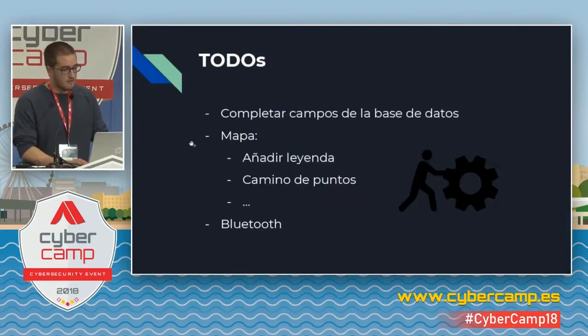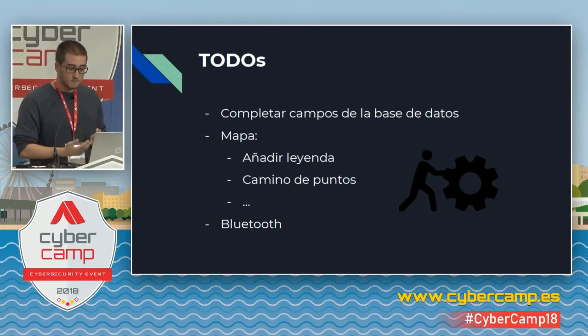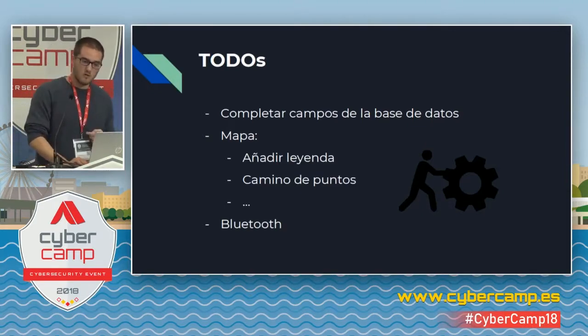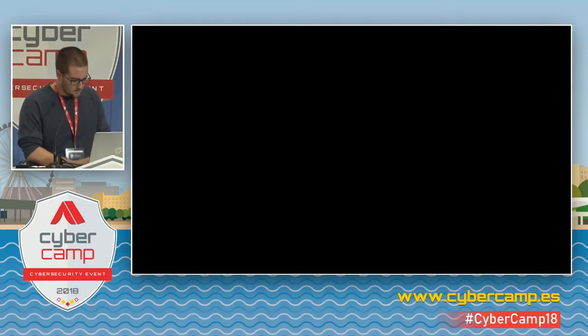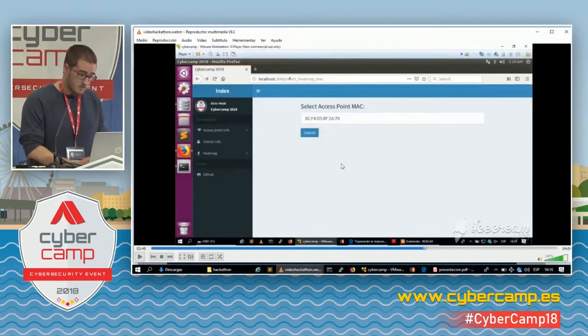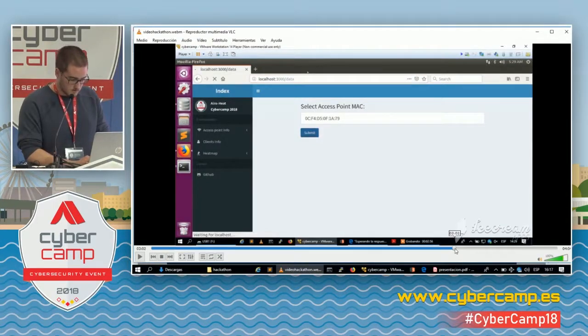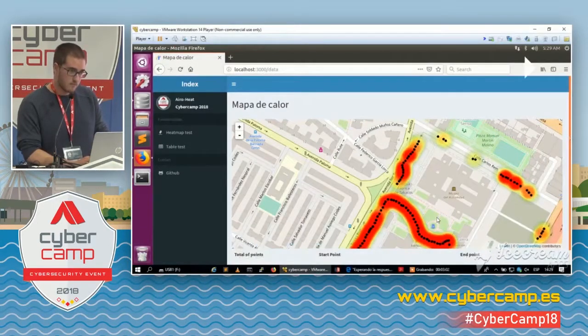What else would we like to do? Well, Raul said it, the database could have more fields so that we could have more details about the maps. We didn't have time to include the legend, having the different paths for the dots, but we did do it for the other library, Leaflet.